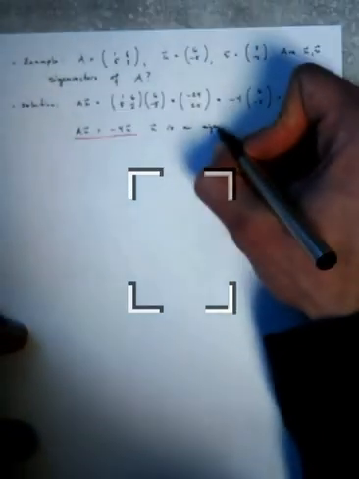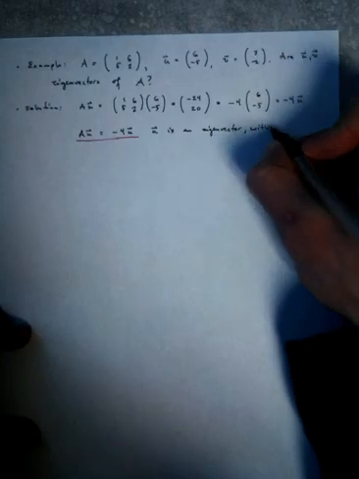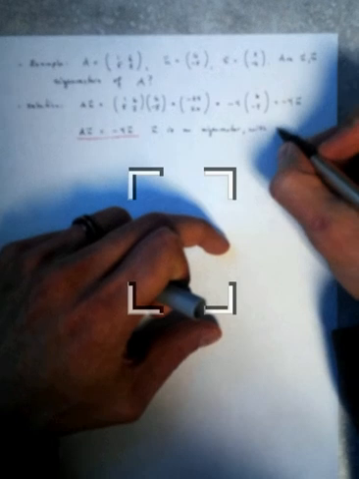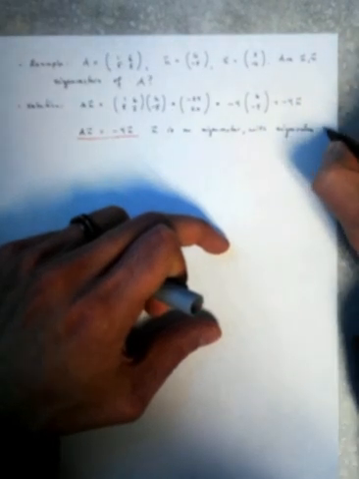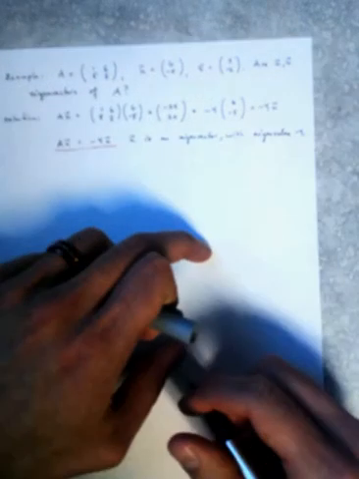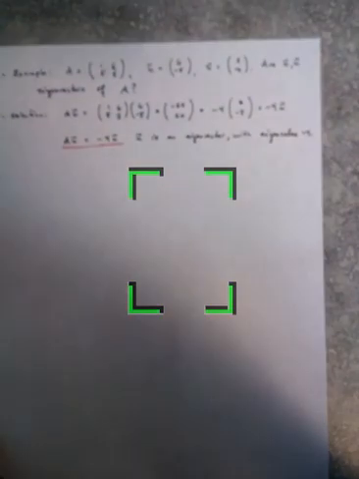So U is an eigenvector with eigenvalue negative 4. Negative 4 is my lambda in this case.